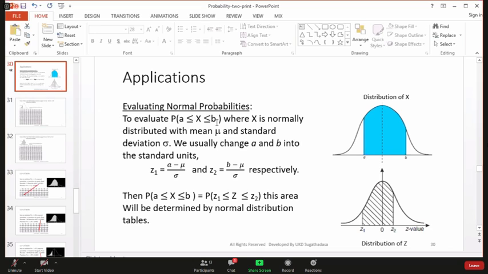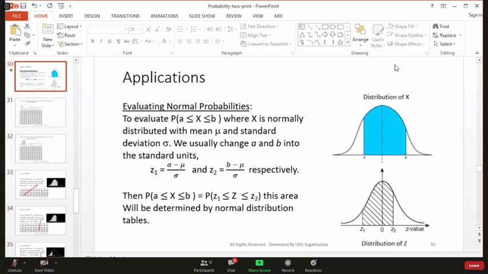If you want to evaluate this kind of thing using tables, just try to understand what I am telling. In the example, you can understand easily. To evaluate this X variable, see that this is the distribution of maybe height, IQ, or whatever. Maybe any variable: dimension, diameter, length, whatever.